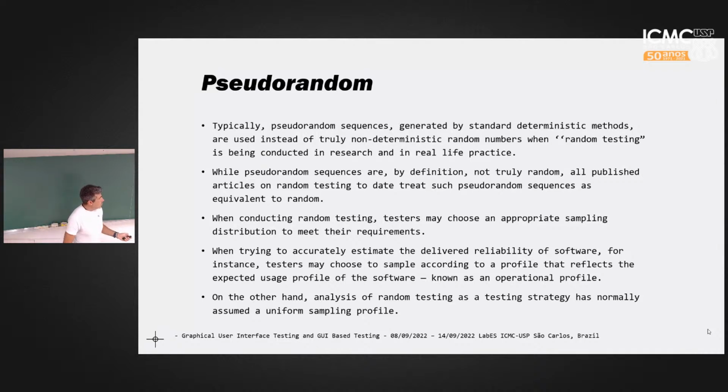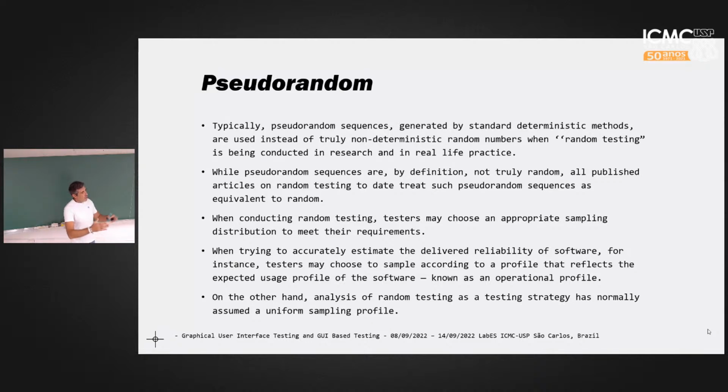But usually in many papers, if the profile in the paper or in the approach is not defined, the strategy for selecting values from a distribution actually is a uniform sampling profile, okay, where all the values have the same probability to be selected from the initial set.